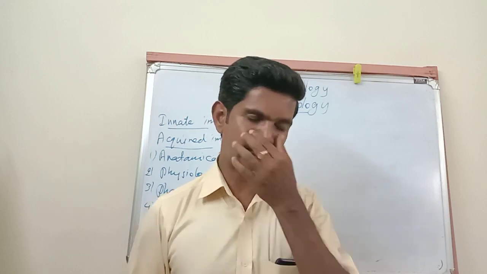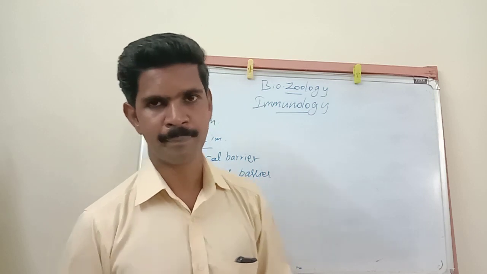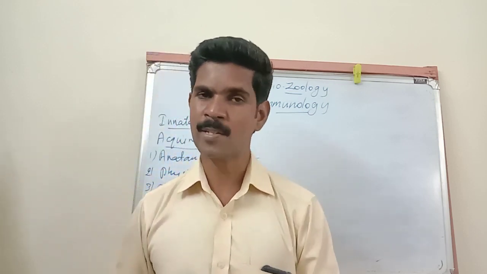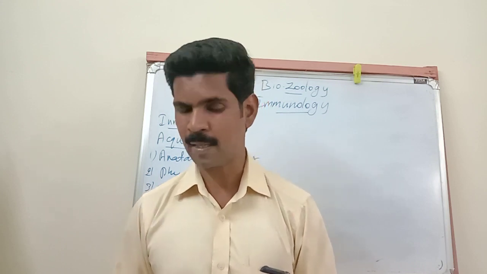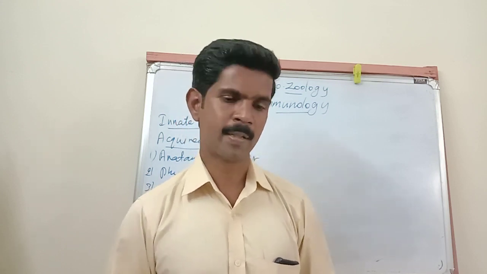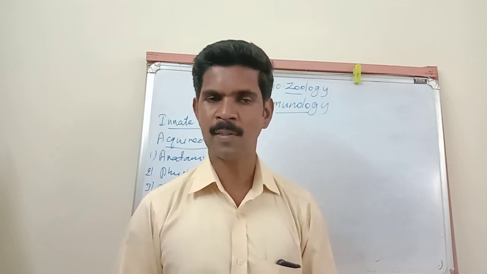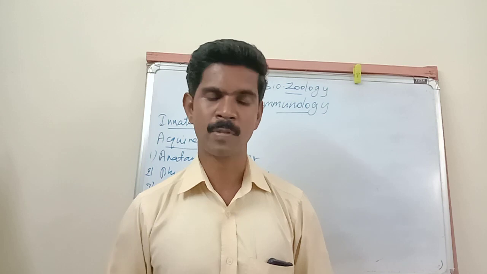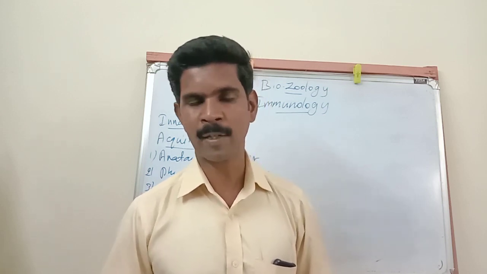Okay. Now we are going to study one important 3-mark question: the difference between active and passive immunity. Listen very carefully. The first point: active immunity is produced actively by your host immune system. Here host means our body, the host for the microorganism.